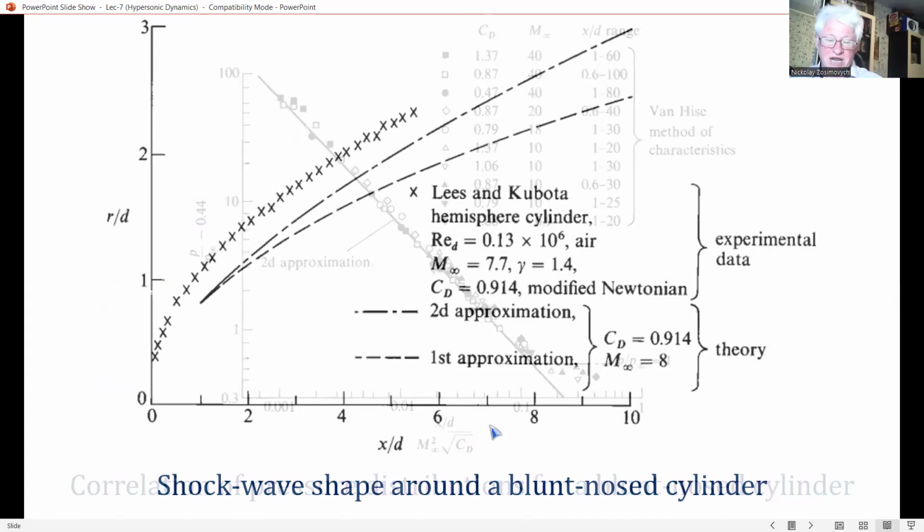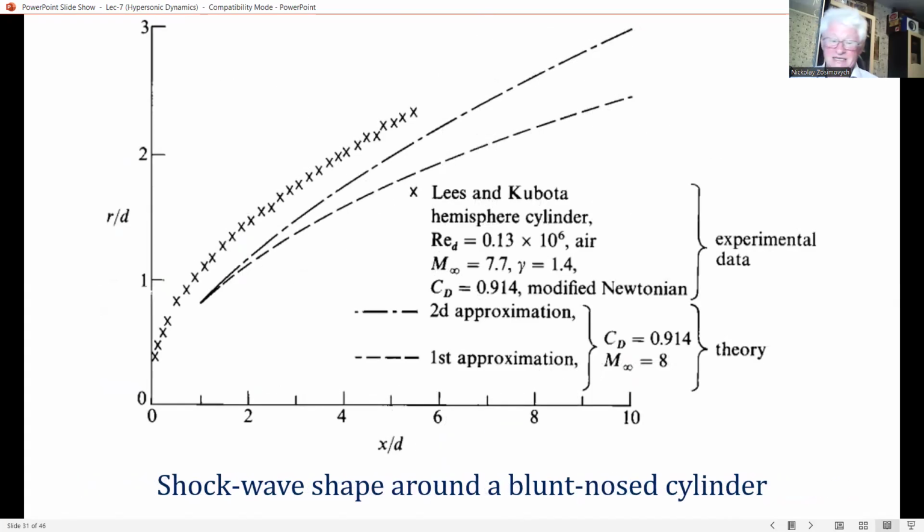The shock wave shape for a hemisphere cylinder is given in this slide. The blast wave results are compared with experimental data from Lees and Kubota, two researchers. Once again, we see that the shock wave location predicted by blast wave theory is not accurate, and you can see the lines are not identical, okay?